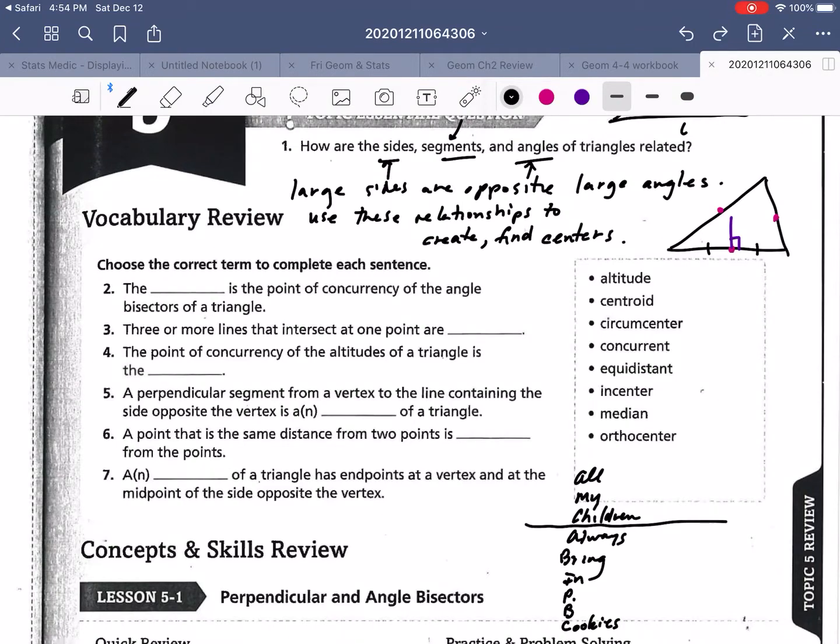Altitudes make circumcenters. These go together. And what else? Well, we know angle bisectors. Again, I'm using those letters as a guide. Angle bisectors make incenters.